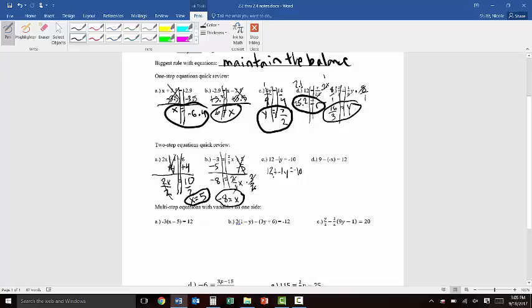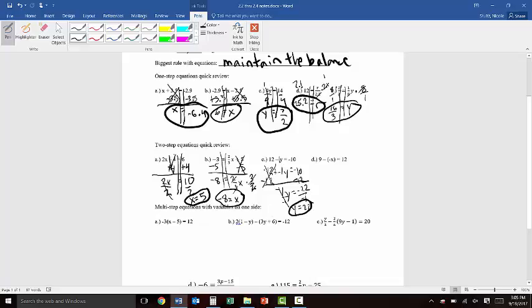And the reason I know we added positive 12 is because there's no negative symbol here. So we're just going to subtract 12 on both sides. That makes 0. And I'm left with -1y equals -22. And if we divide by -1 on both sides, we're going to get positive 22.